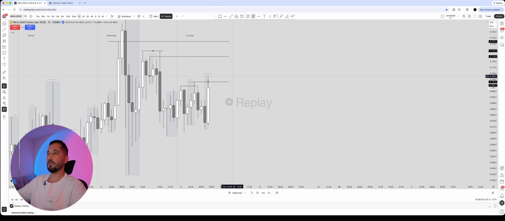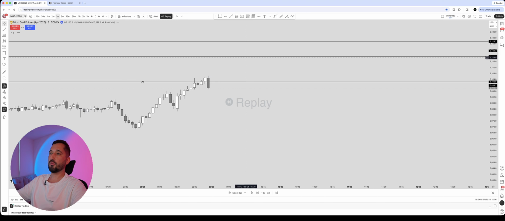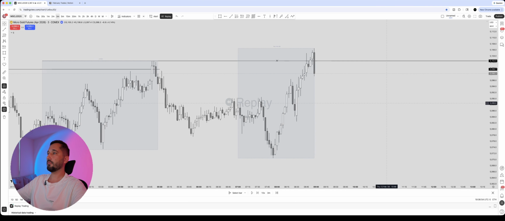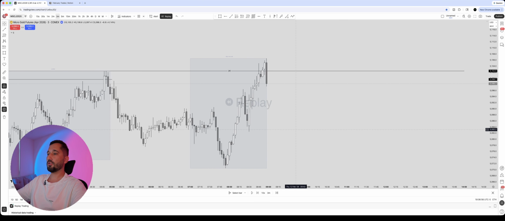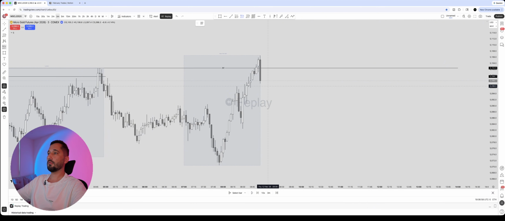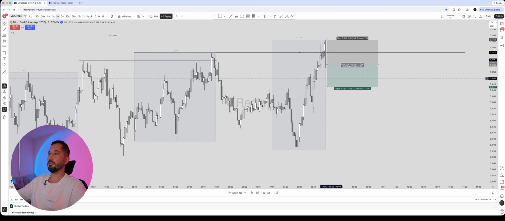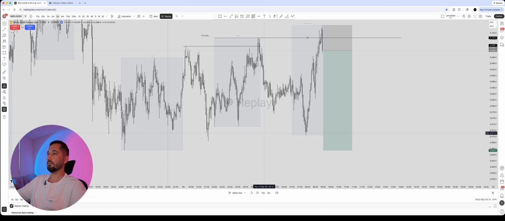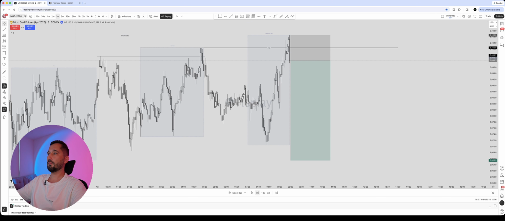Once we sweep London high, I move down to 3-minute time frame and I see a nice reaction to the downside. I'm entering short with stop loss above this high, targeting Asia low. Let's see how it played out. Perfectly.